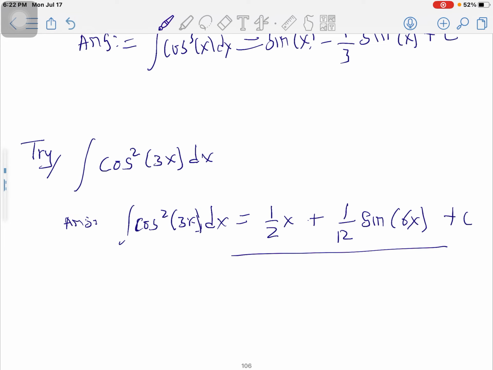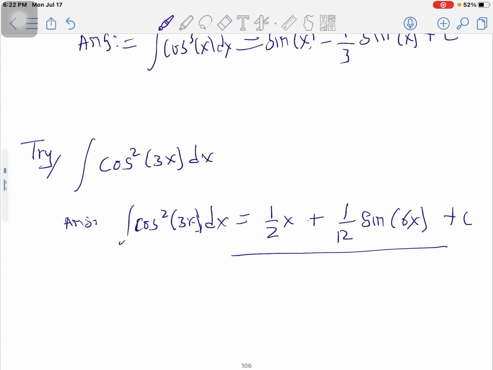And I want to give you a hint. When you apply the first principle, you are going to get an expression which we have done in my previous video. So if you have not watched it, I urge you to go back and watch it. In my previous video, you can see a cos square of x, and here we have a cos square of 3x.